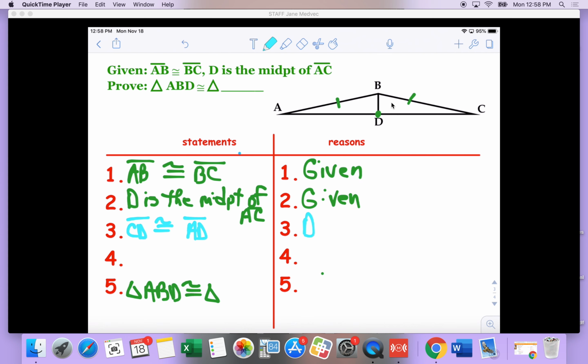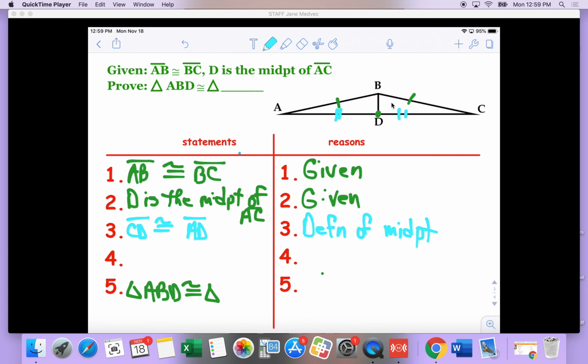Definition of midpoint. If you remember from our last proofs, we had a lot of definition of. The reason why we're doing definition of midpoint is right up above in 2, it had definition of midpoint. If they're going to give you that information, they want you to use it. Okay, so what that means then is that this section is congruent to this section.